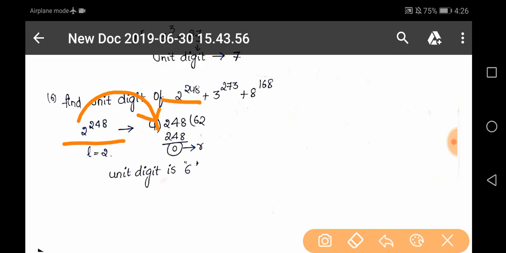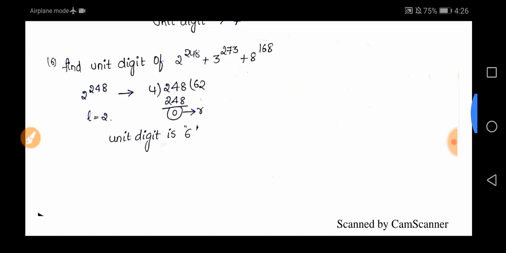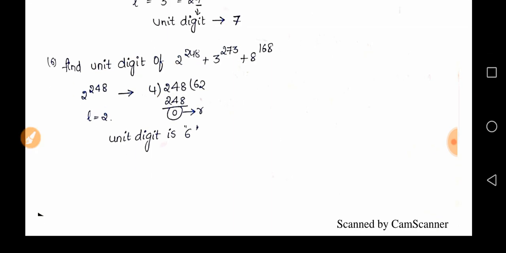If you do not understand cyclicity here, first watch the video of part 1, then you will know what cyclicity is and how we calculate the cyclicity of every number. If you are clear with it, you will be clear with solving this type of problem. So first know about the cyclicity of the numbers.